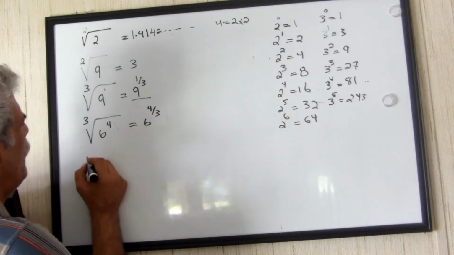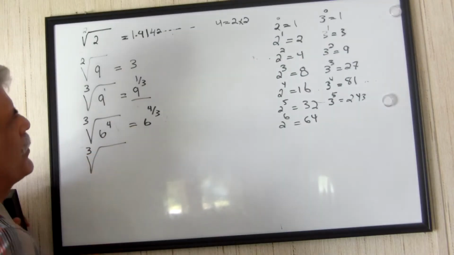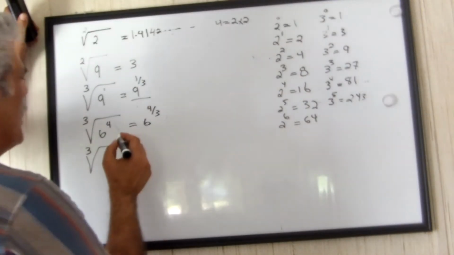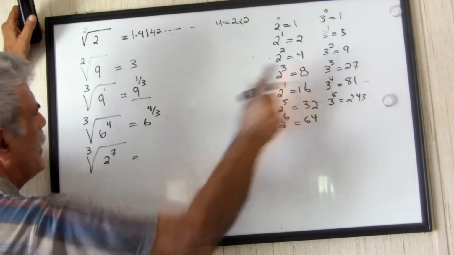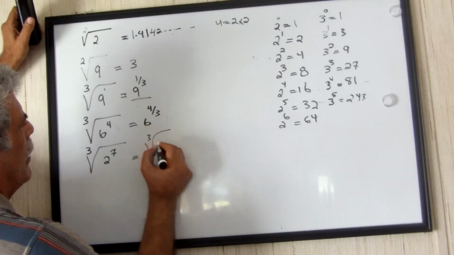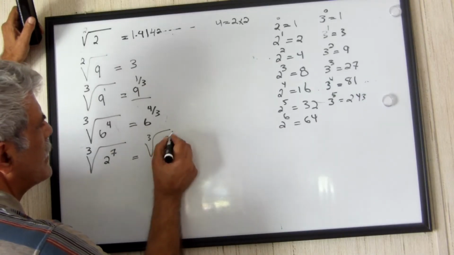But how about if we have a square root of the cubic root, and the number is 27. See, 27 is 3 to the power of 3. This cancels out.